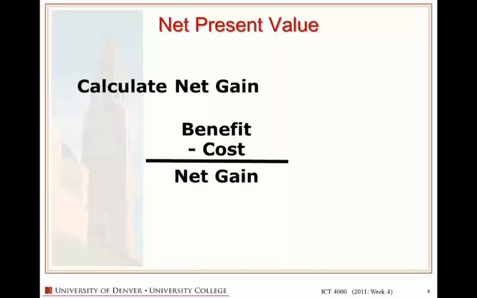It can also be cost savings. It can be a combination of both. But you want to take the good value that your project yielded, revenue, decreased cost savings, etc., and subtract out the cost that it takes to get that benefit in each year. And that gives you the net gain.